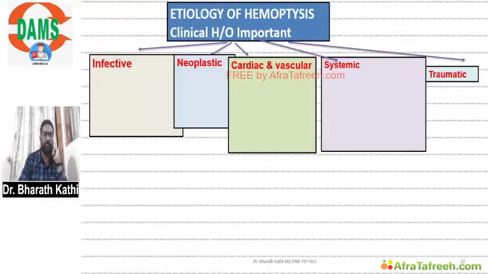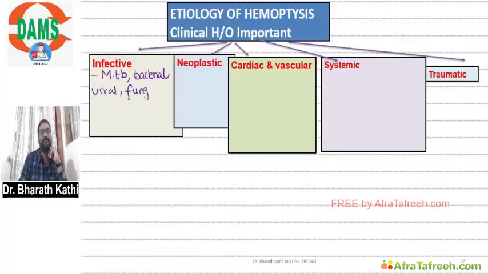Now infective causes, it can be any infection. So most common is infection due to the big boss tuberculosis. So other bacterial infections, viral infections, fungal infections, and infection of central airways, simple bronchitis, or more complicated phenomena associated with destruction, bronchiectasis.